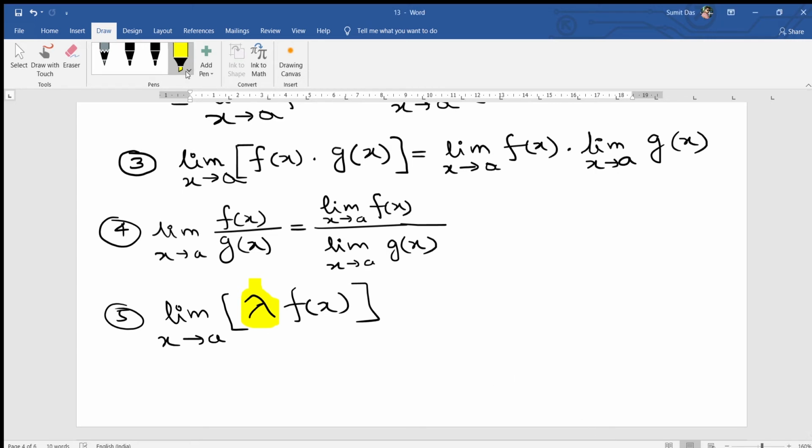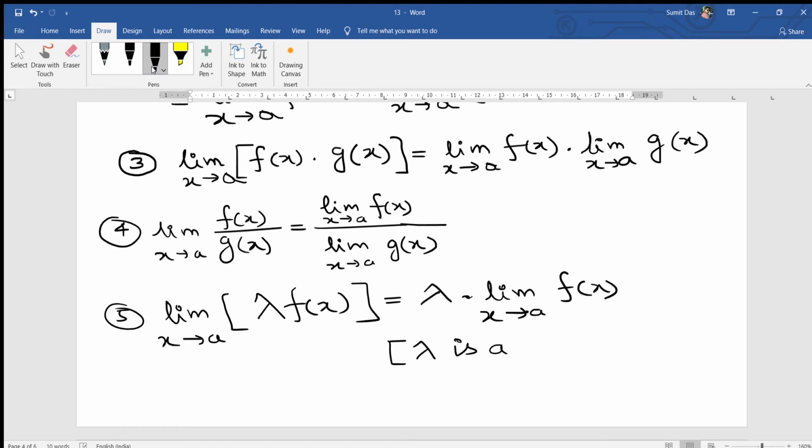So lambda is any constant. If any constant is multiplied like this, the constant can come outside. So it can be written as lambda into limit x tends to a f(x).